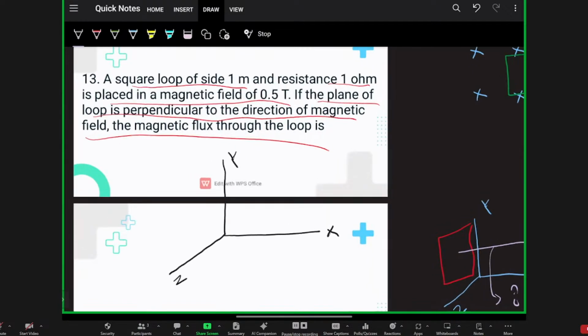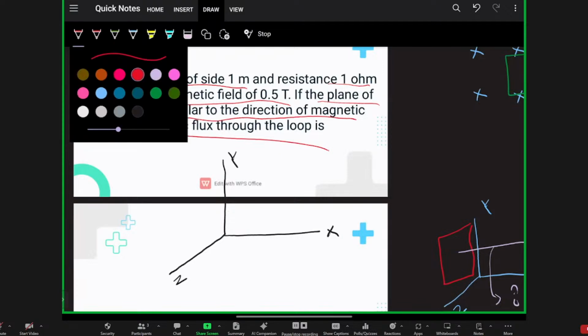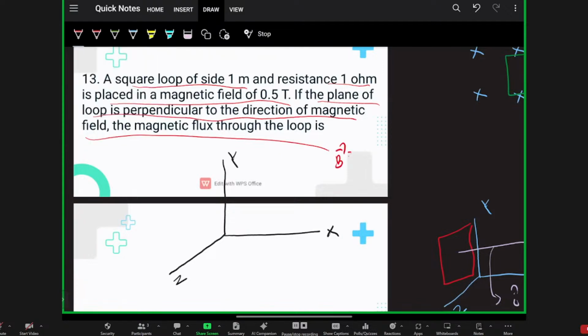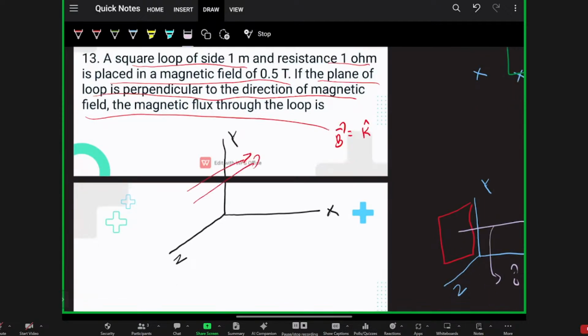So suppose I take the direction of the magnetic field as k cap, along the positive Z direction, so the magnetic field is along the positive Z direction.